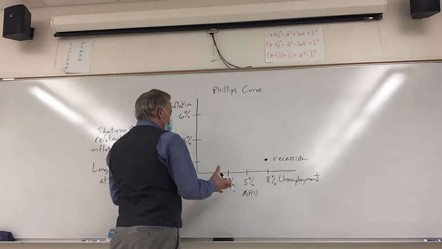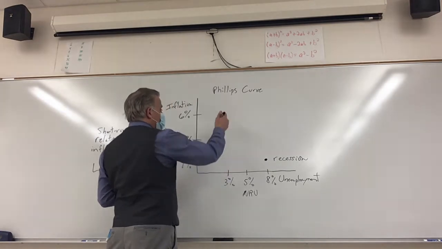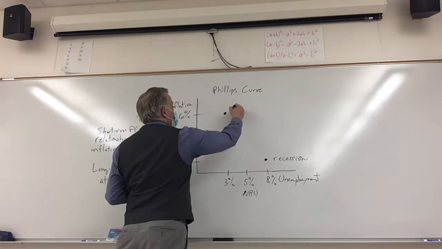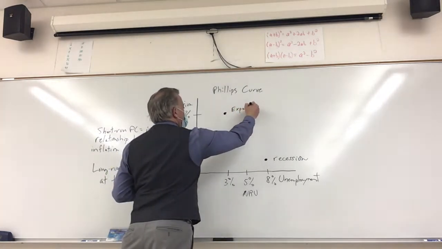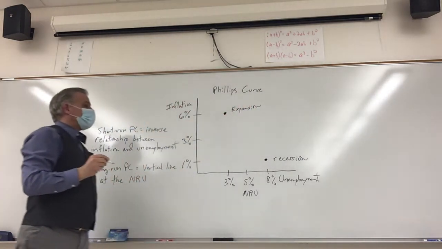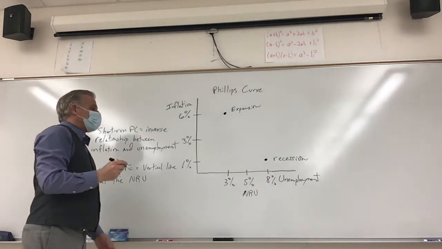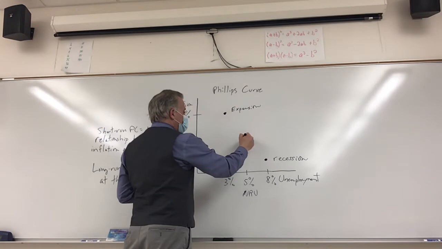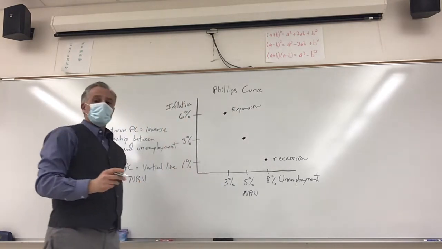And typically, this hasn't been happening recently in history, but there's typically higher inflation. So we would have that dot there in expansion. And then equilibrium in general is considered 5% unemployment, 3% inflation.